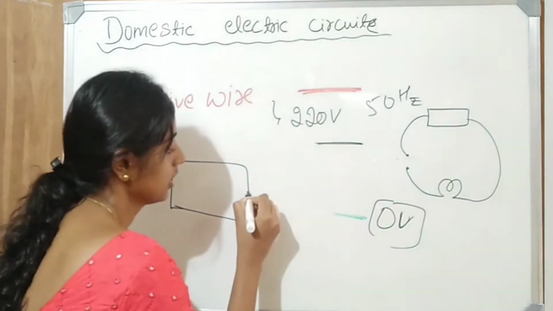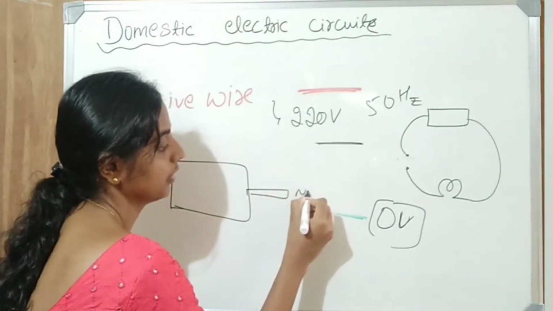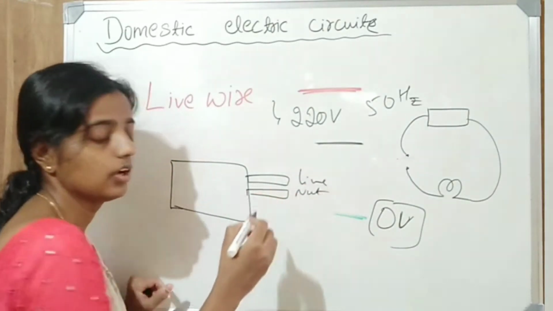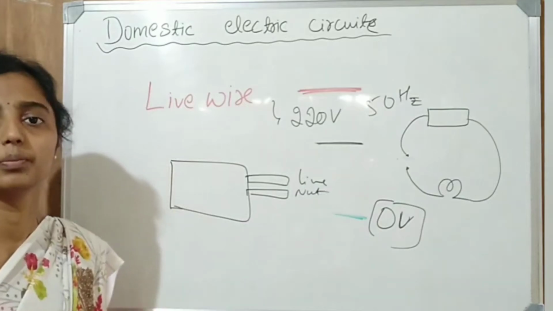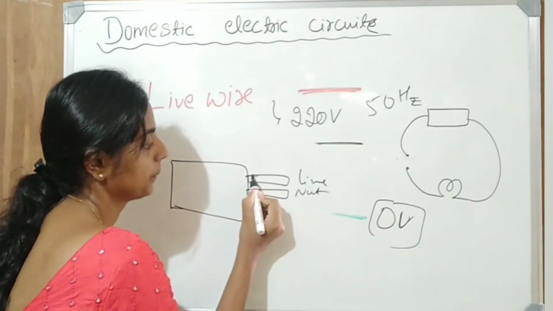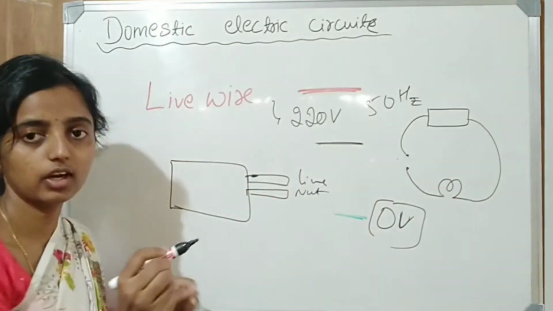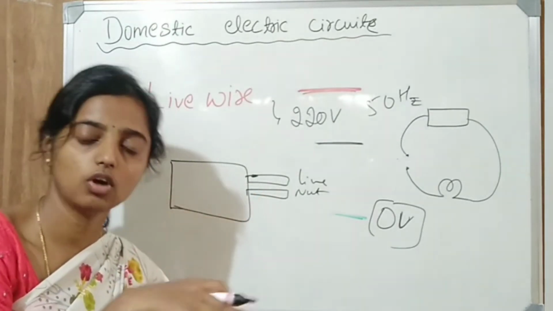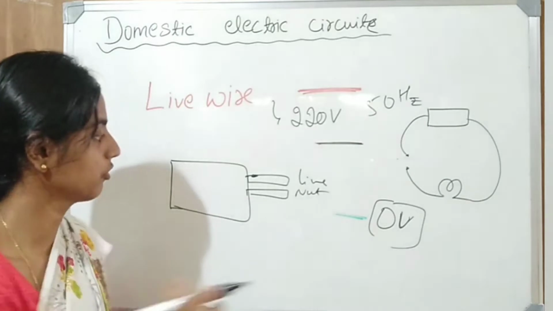In the same manner, if this is our neutral wire and this is our live wire, and due to some reason a small breakage happens in the live wire, what happens? In the live wire, we know current will be flowing even if the switch is on or off. The current will be flowing 24/7.